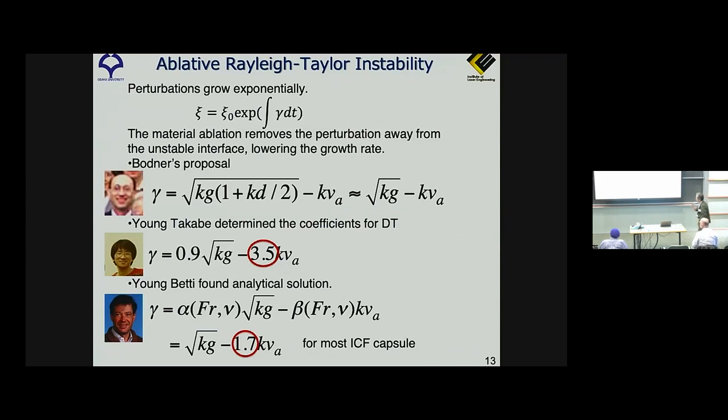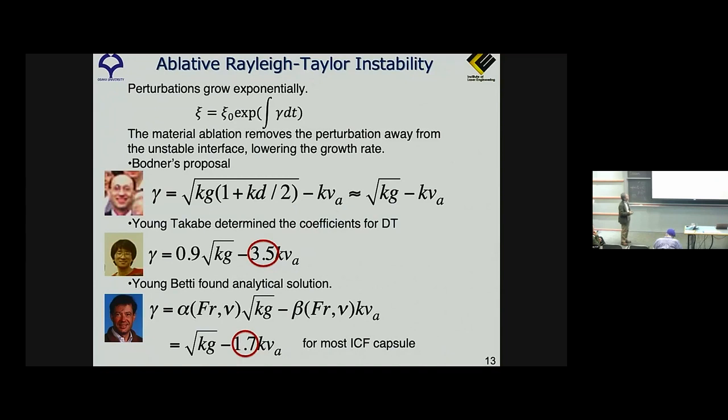Va is the ablation velocity or flow velocity across the unstable interface, the velocity that removes the perturbation away from the unstable surface. And Yang Takabe in our institute determined the coefficient for a DT target. A coefficient in front of this ablation term, he found that is 3.5.